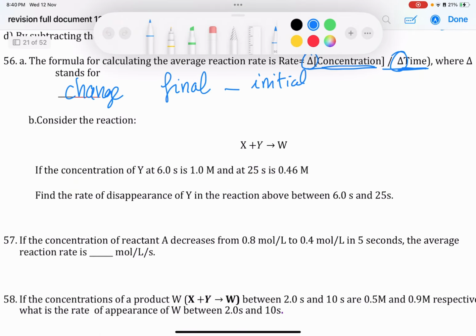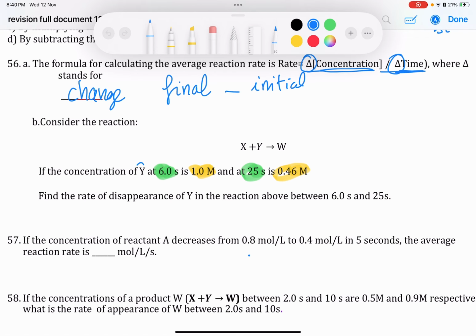Consider the reaction X plus Y giving W. If the concentration of Y at 6 seconds is 1 molar and at 25 seconds it is 0.46 molar. Before you begin solving, you need to check if Y is a reactant or a product.